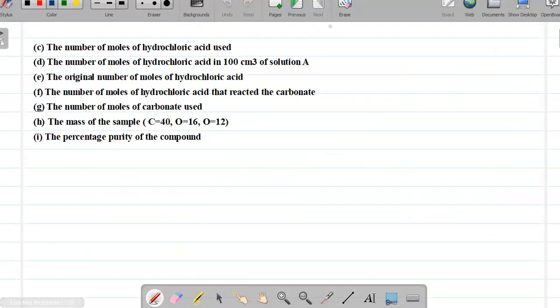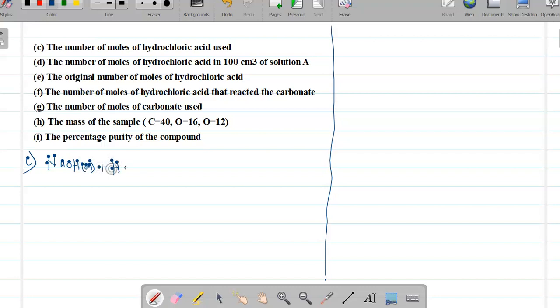Next page. We have these questions. Questions are a lot. The number of moles of the hydrochloric acid. To get the number of moles of the hydrochloric acid, which is C, you react the two solutions: sodium hydroxide, aqueous, plus hydrochloric acid, aqueous, then an arrow.